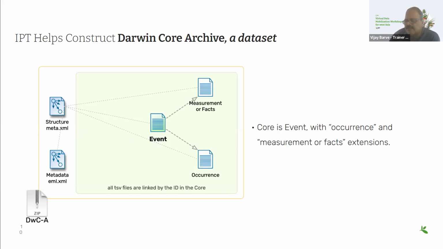The typical case study that we looked at had that kind of information, but we have to remember that once the data goes on GBIF, most frequently searched things are occurrences. And if you have events and if you don't have occurrences, they may not become searchable.